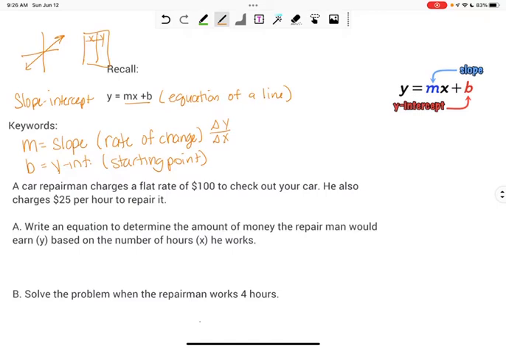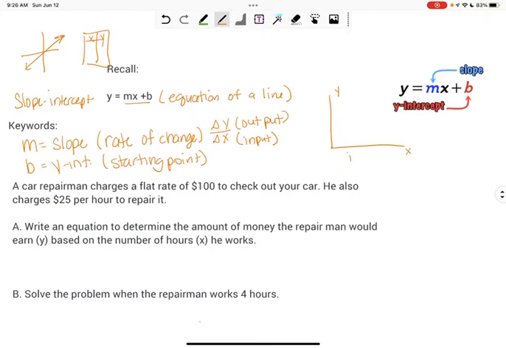We also talked about our input and our output variables. Our x was always our input and our y was always our output. Let's write all of these keywords down. And then on our graph, this is our x and our y.